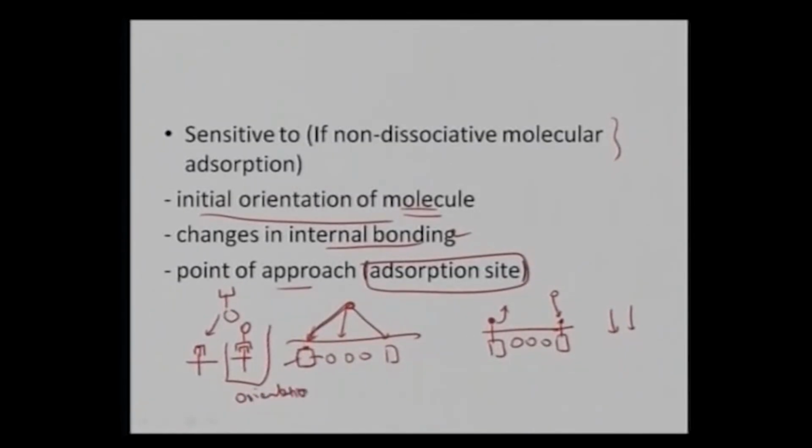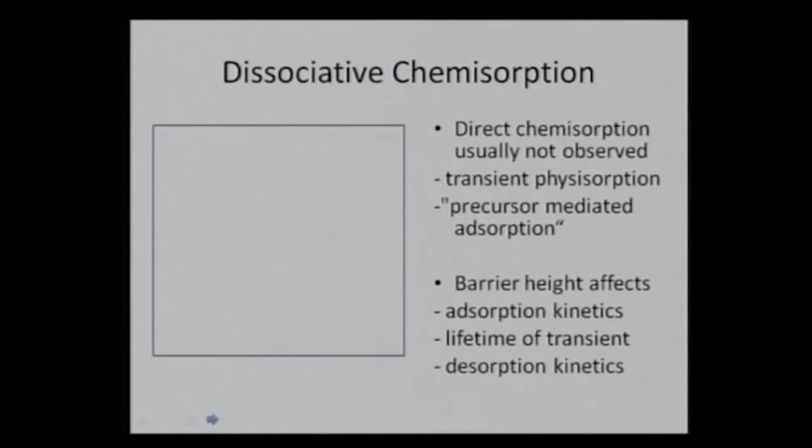It is not only specific to site, but is also sensitive to the orientation of the particular molecule. And again, the type of bonding which results is much more sensitive to that. And again, we can also see dissociative chemisorption, and generally direct chemisorption is not observed, because it is basically being followed by physisorption.